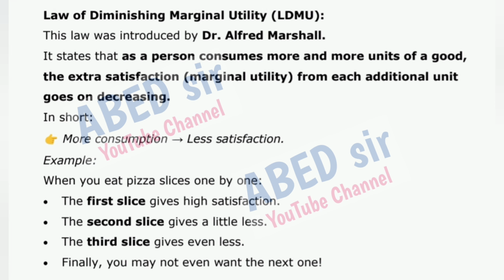Example: when you eat pizza slices one by one, the first slice gives high satisfaction. The second slice gives a little less. The third slice gives even less. Finally, you may not even want the next one.